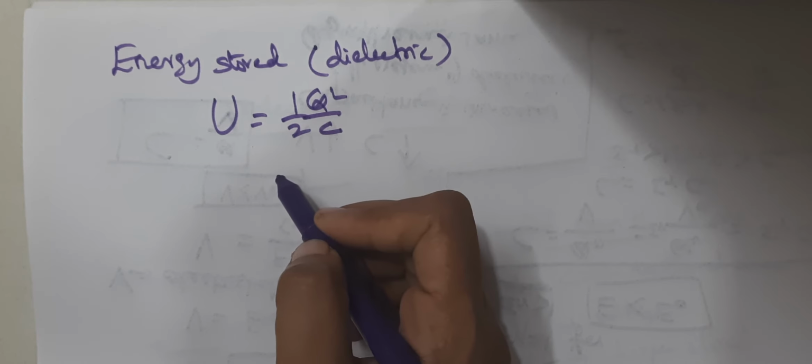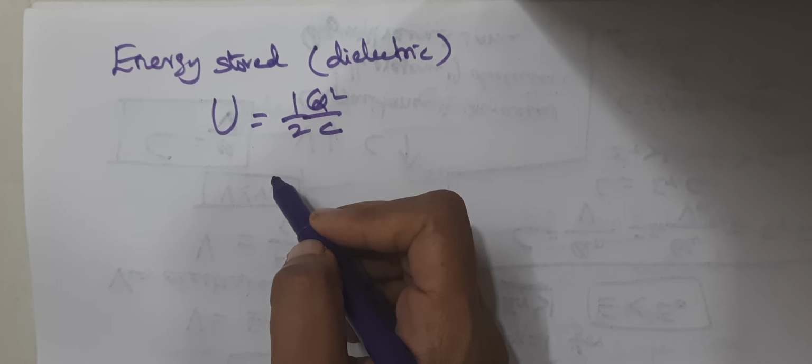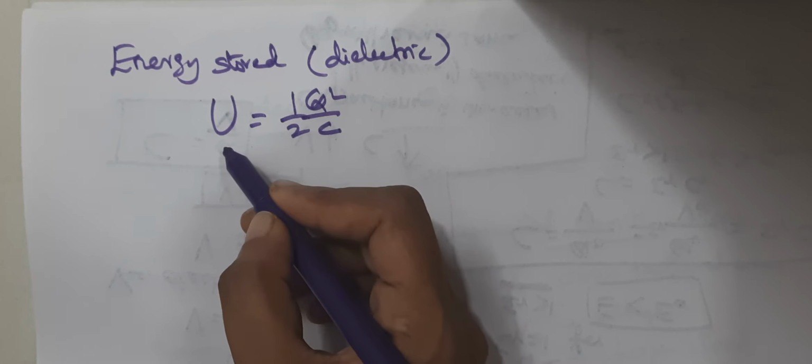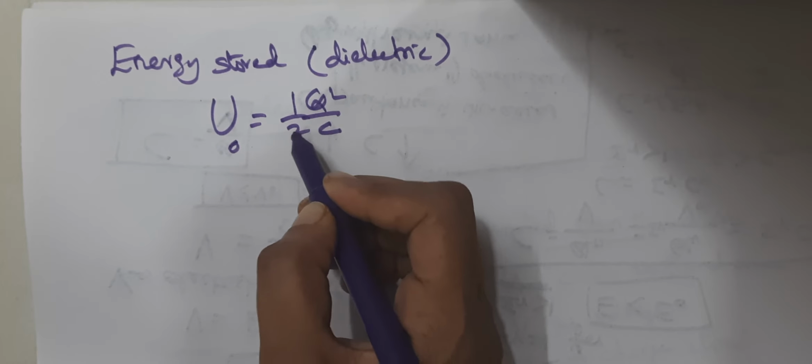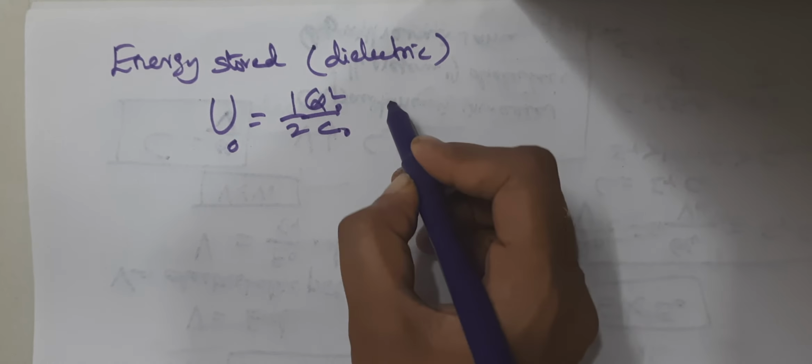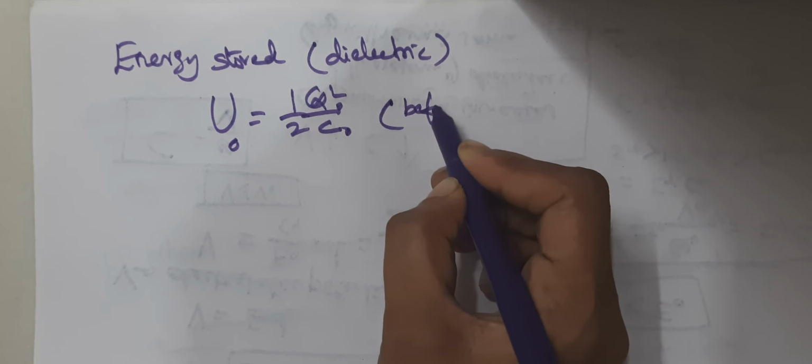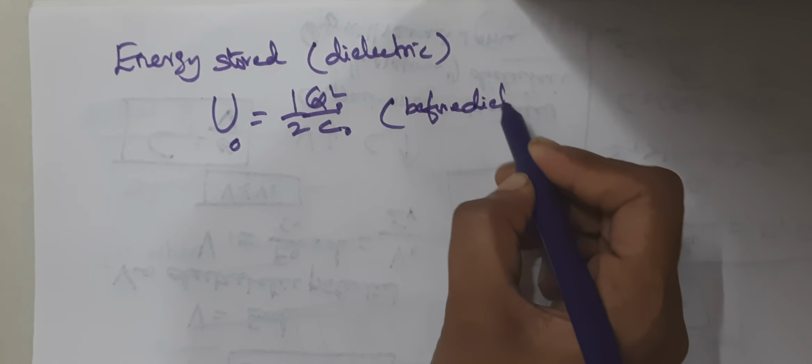Now here, before dielectric we can write U0 equal to half Q0 square by C0. This is before dielectric.